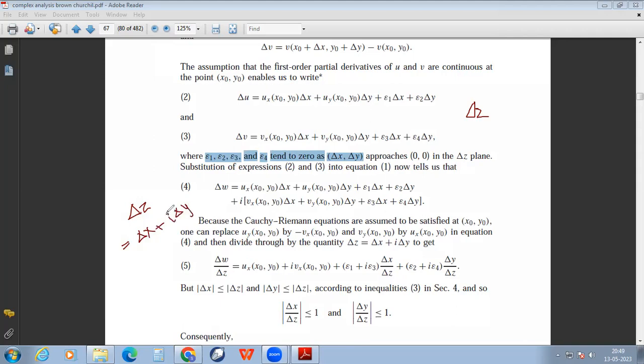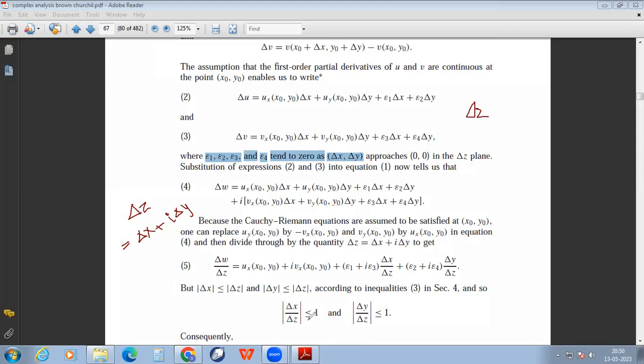So what you find is delta x is nothing but the real part. So it being the real part, its modulus has to be smaller than the modulus of the original. Are you getting me? And the modulus of the imaginary part will also be less than this modulus because it is actually a combination of these two.